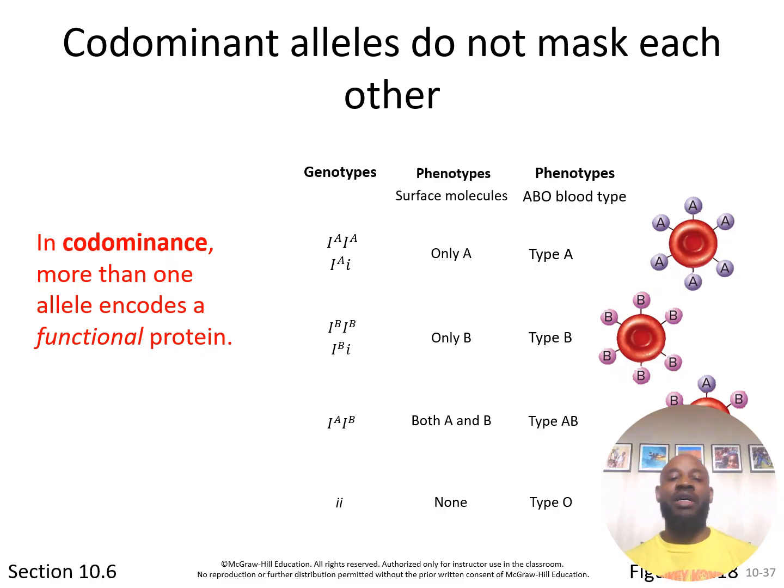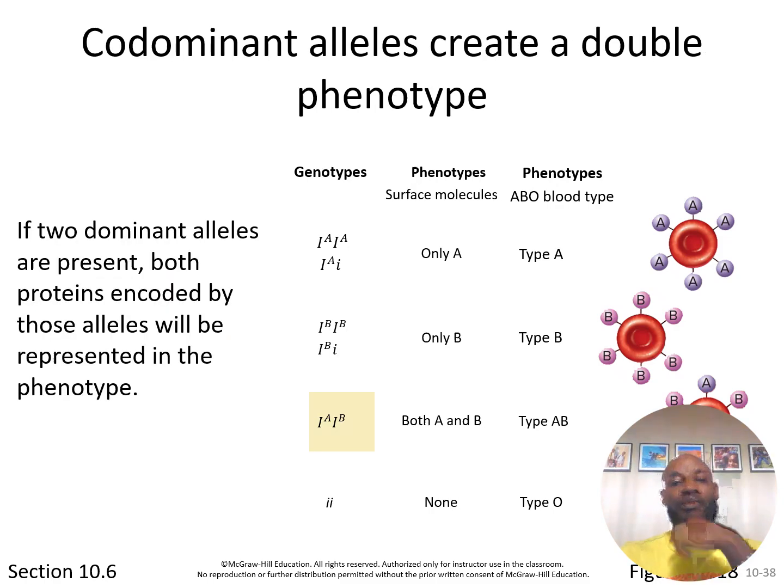AB blood has A antigens and B antigens. They're not blended together, they're both existing at the same time on the surface of your blood cells. And that's what it's talking about here.